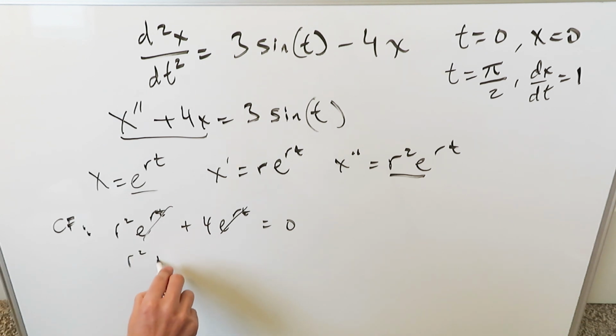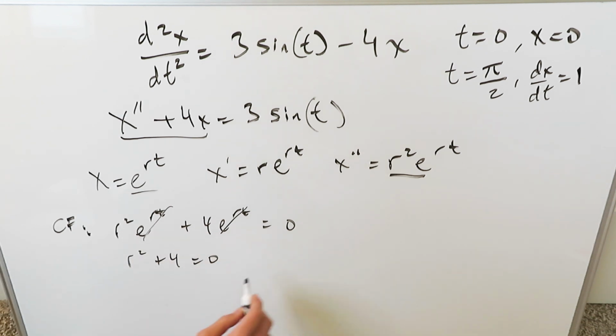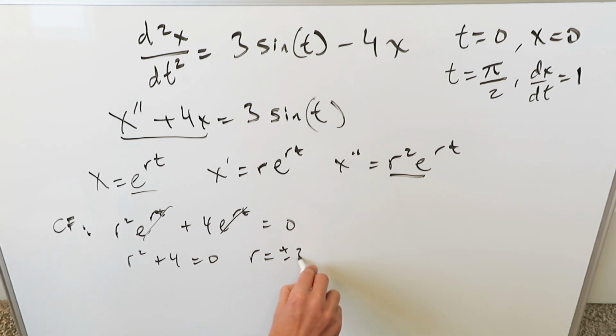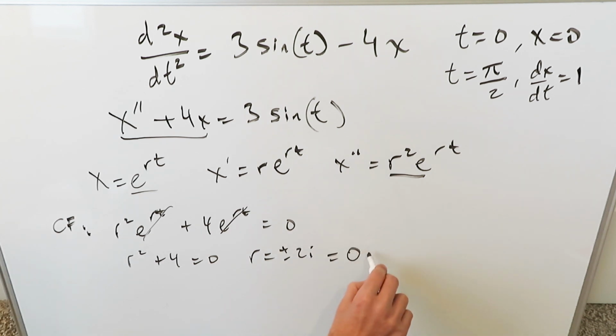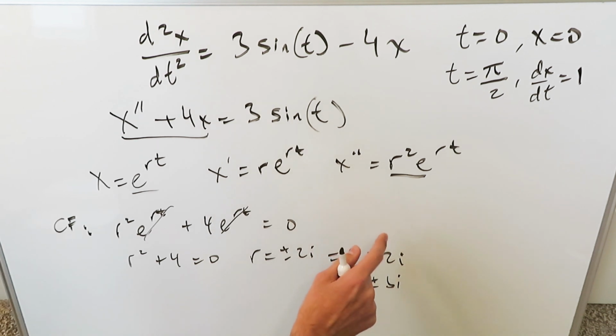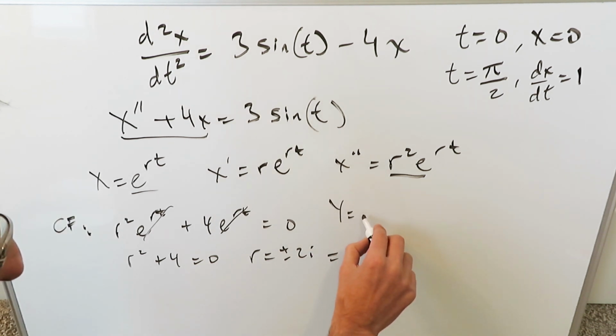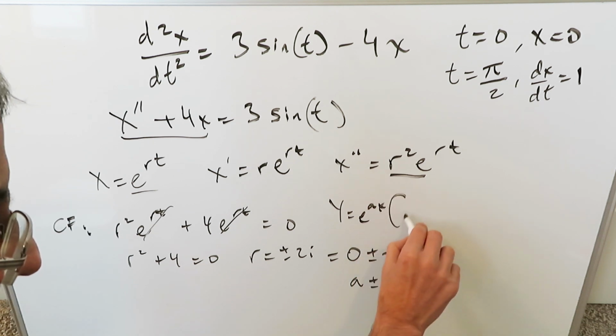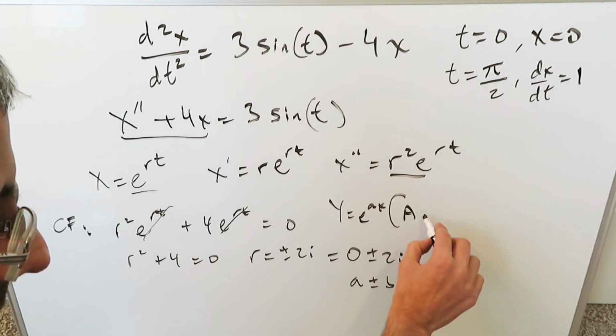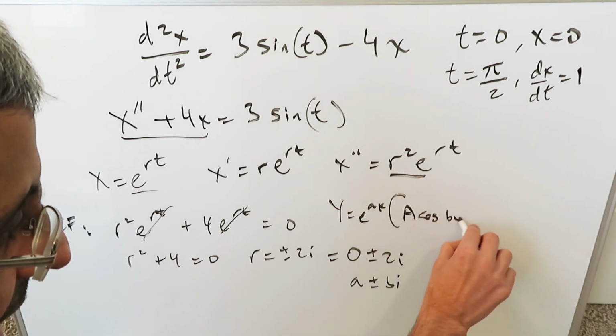You are looking here at r squared plus 4 is equal to 0. Solve for r. R here is equal to the square root of minus 4, which is plus and minus 2i, which you can say as 0 plus and minus 2i, which you know is a plus and minus bi. Complex conjugates. When you're looking at complex conjugates, your basic template, going back to x's and y's, is this: e exponent ax, then you have an arbitrary constant capital A cosine bx.